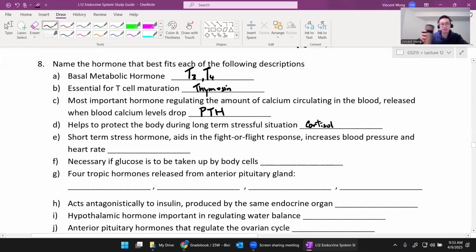Gets your blood pumping. There you go. Epinephrine. And again, this is like a buddy system. Okay? The T3, T4 always together, epinephrine and norepinephrine always together.